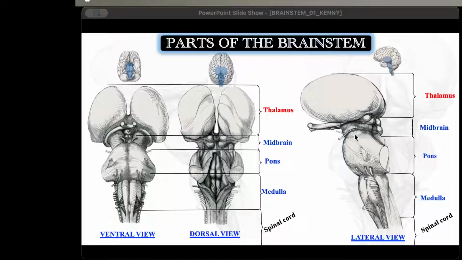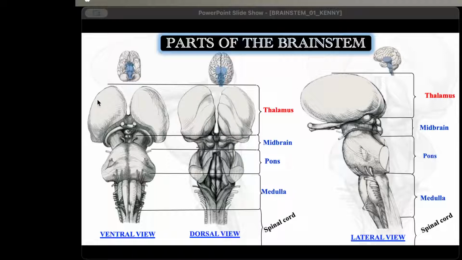And the same applies here to the medulla, the so-called medulla oblongata, and the lower part here is the spinal cord.